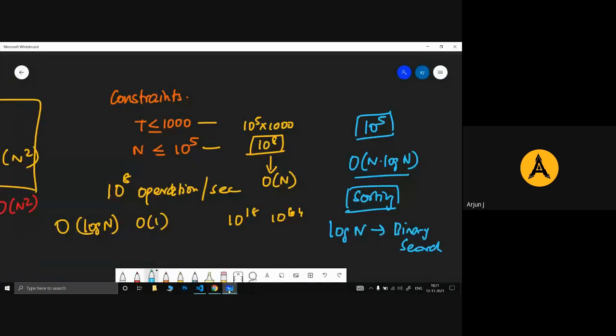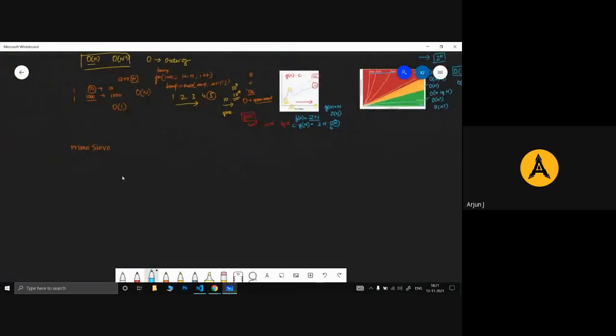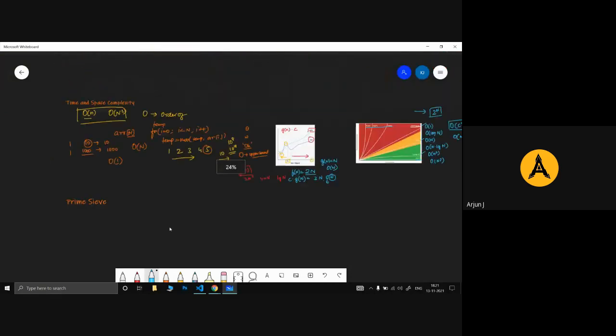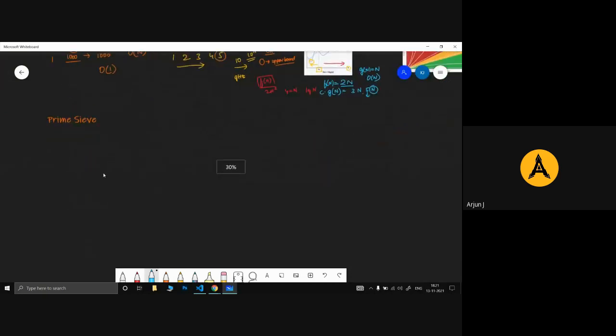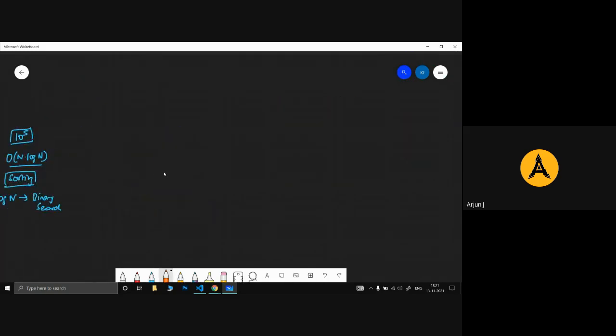Now let's move to the next part, which is a very important concept. Before we go to prime sieve, let us discuss what the GCD algorithm is. In most questions, you would have seen that you need to find the GCD, the greatest common divisor between two numbers.